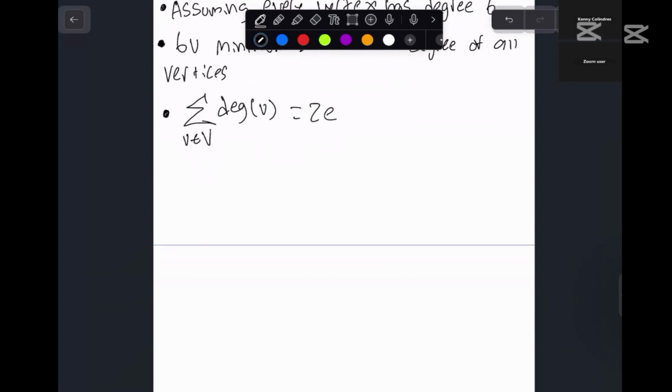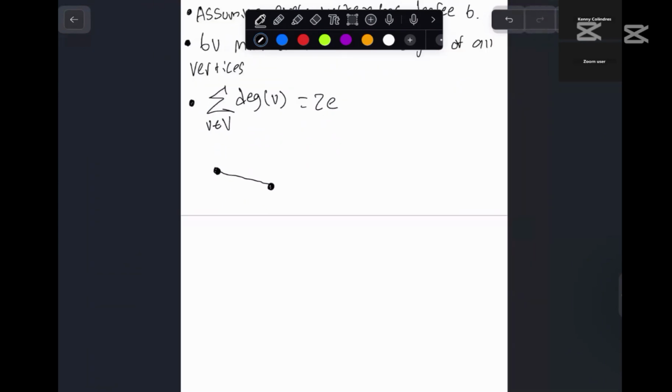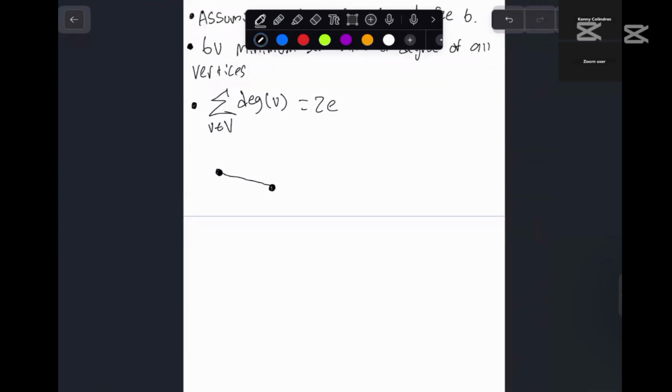And you should be able to pretty much tell that by intuition, because the degree of a vertex is dependent upon the number of edges that it has. So if there's an edge that connects two vertices, that would add 2 to the total degree because it adds 1 to that vertex there and to that vertex there. So that's how you get the 2e.